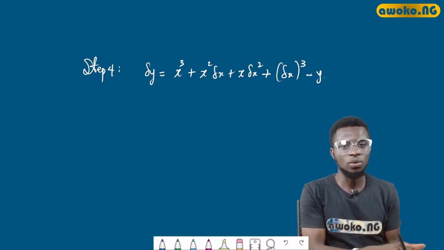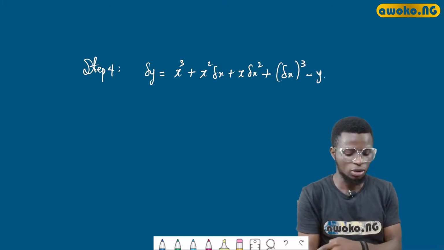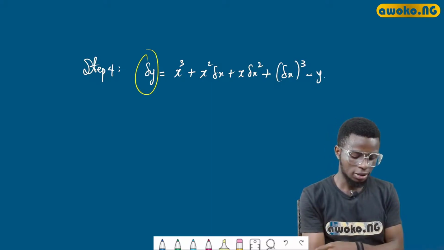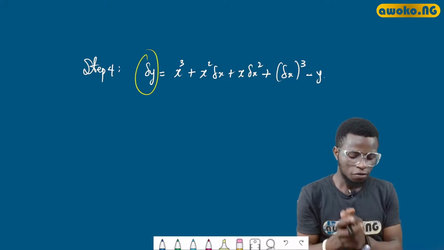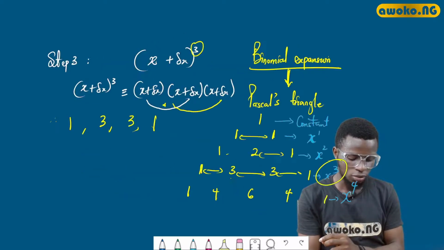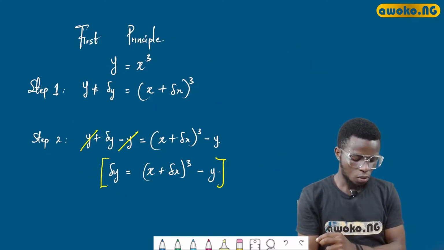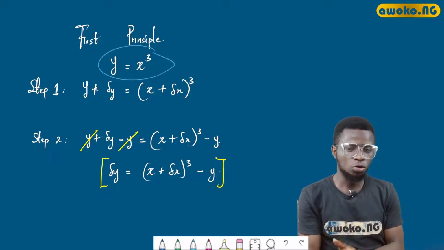Remember we said y would be taken to the other side so as to make the x here stand alone. And from our first question, we're told that y is equal to x raised to the power of 3.